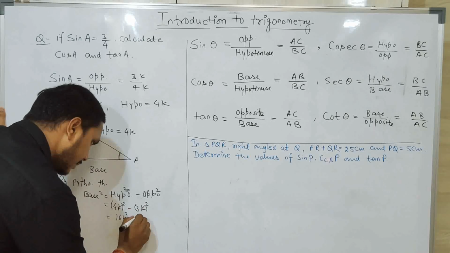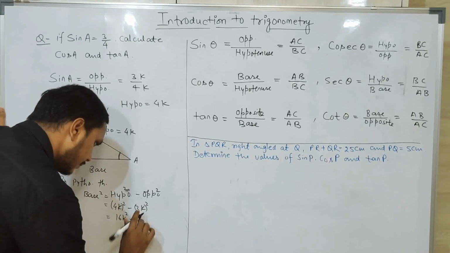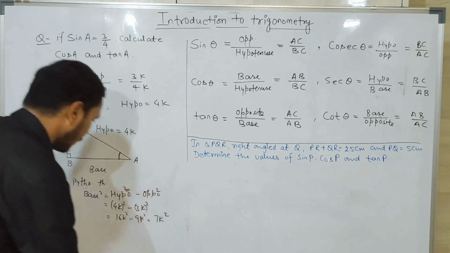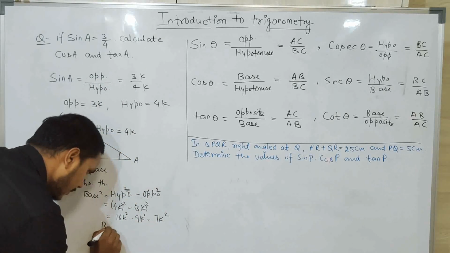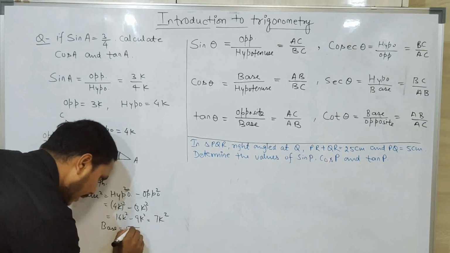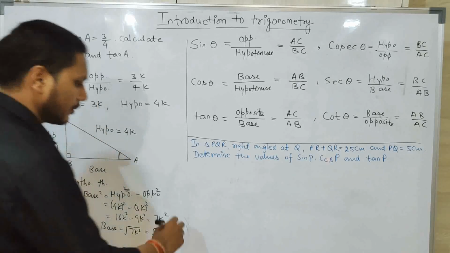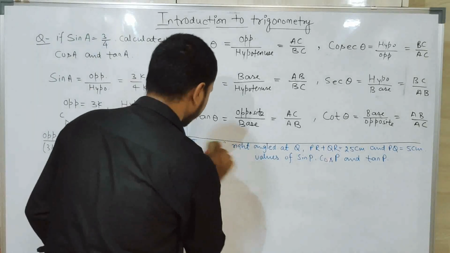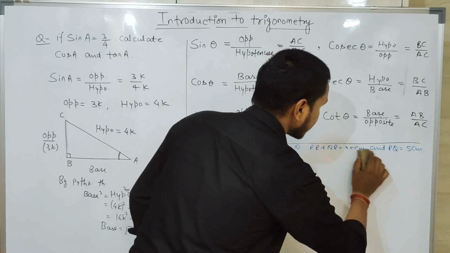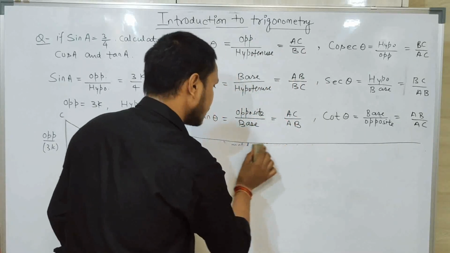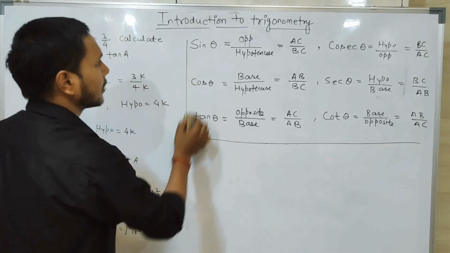So 16k square minus 9k square, we get 7k square. Now base becomes root 7k square, equals root 7 k. Now we got all the sides, hypotenuse, base and opposite. Now we can find any trigonometric ratio like the ones given here.